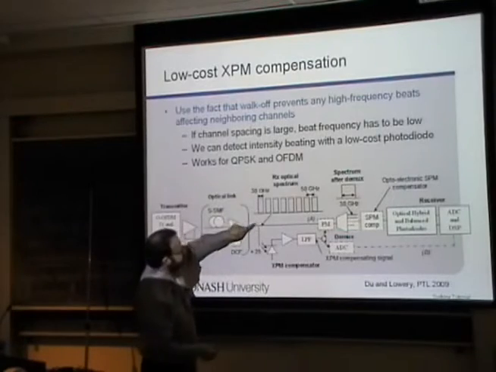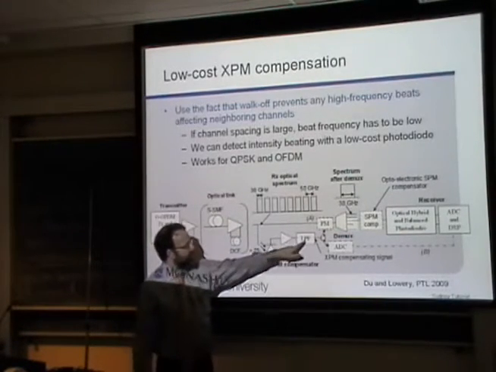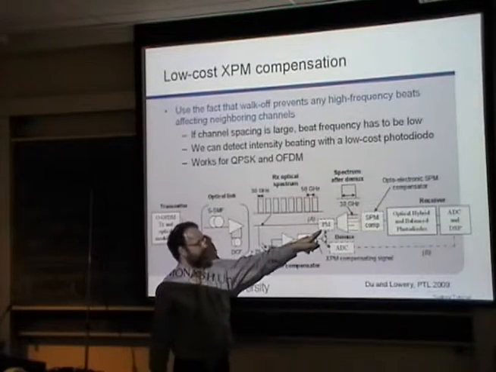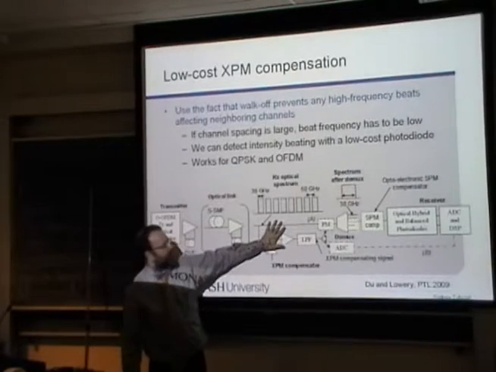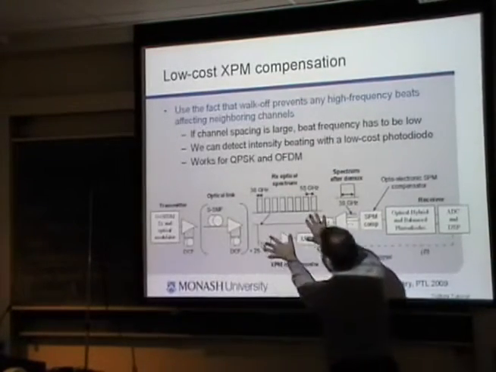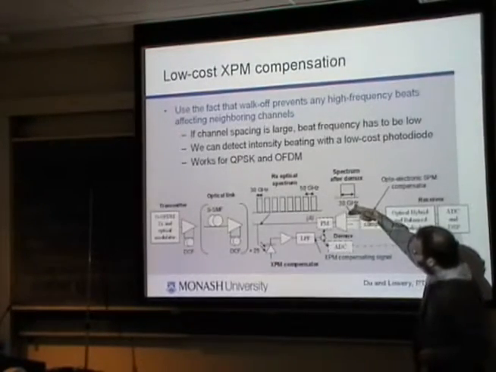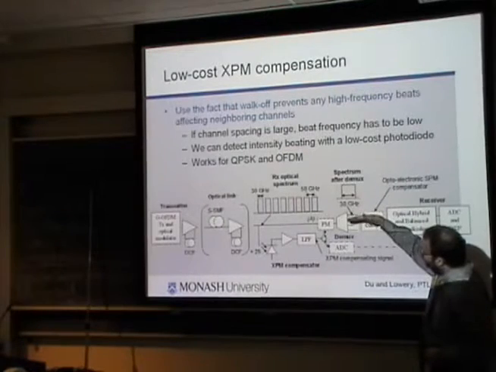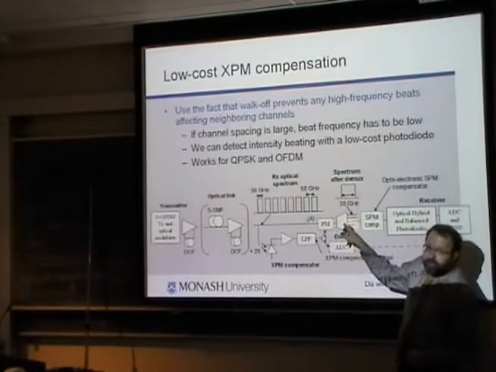So I've got my same system where I've got a photodiode, an amplifier, a low-pass filter, and a phase modulator. The trick, and it's quite a simple trick, but I believe it is an inventive step, is that rather than putting this compensator after the demux, so it only operates on one channel at a time, you put it before the demultiplexer.